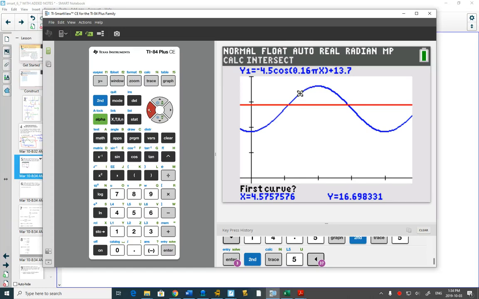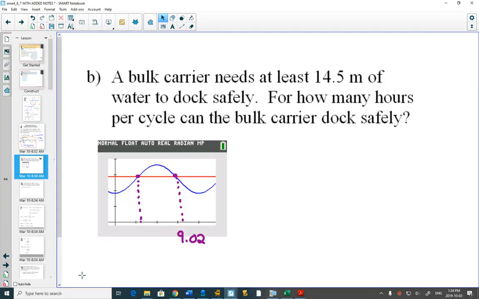If I push enter on the first one, enter on the second one, and enter on the third one, it finds 3.48. So it's safe from 3.48 hours until 9.02 hours.